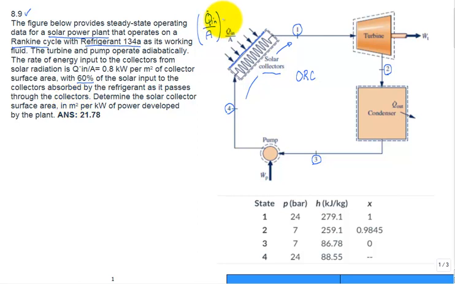So this Q dot in on the face of the solar collector per unit area is due to the solar radiation, and it's 0.8 kilowatts per meter squared, and 60% of that striking this face actually gets into the refrigerant, is absorbed by the refrigerant.